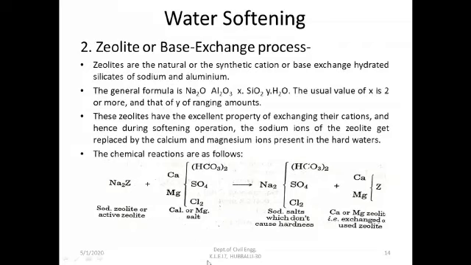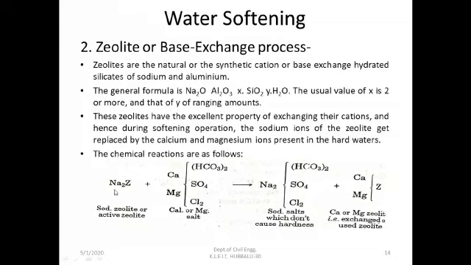So what happens here? These zeolites have the excellent property of exchanging their cations, and hence the name base exchange process. And during the softening operation, what happens is the sodium ions of the zeolite react with the hardness present in the water, that is calcium and magnesium hardness, which can be present in the form of bicarbonates, sulfates or chlorides of calcium and magnesium.